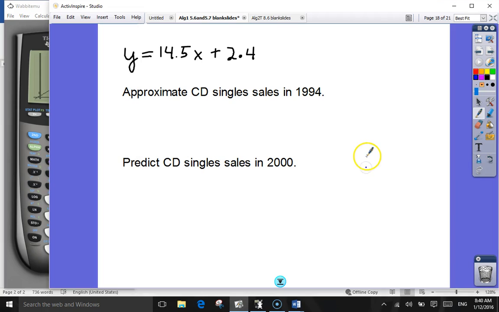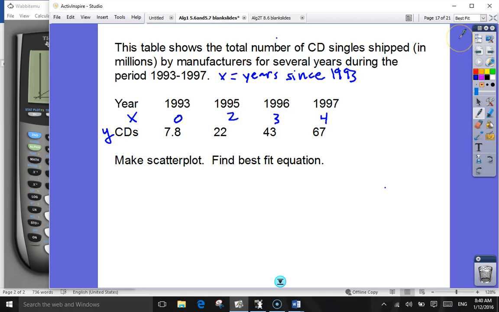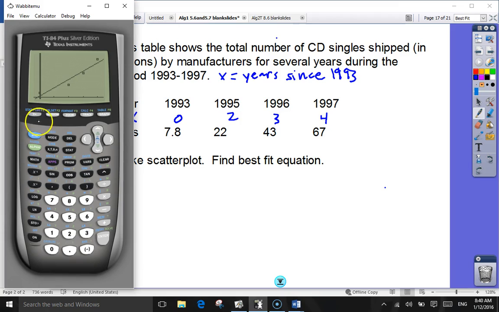Okay, now that I've got that equation in the calculator, remember on our table, we didn't have 1994. What if I wanted to find an estimate for how many CD single sales there were in 1994? What would have been the value of X? 1, right? So go back to the calculator, go to the table of values, second table, and when X equals 1, what does Y equal? 16.8, right?